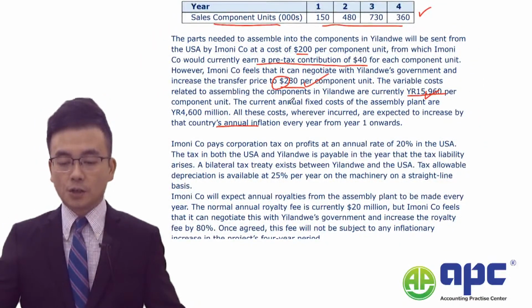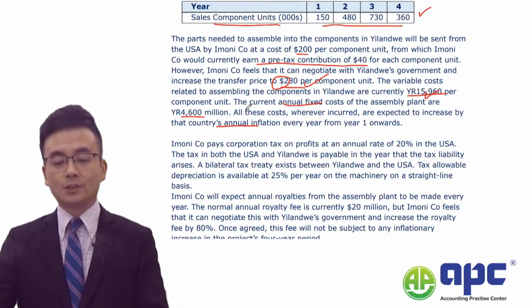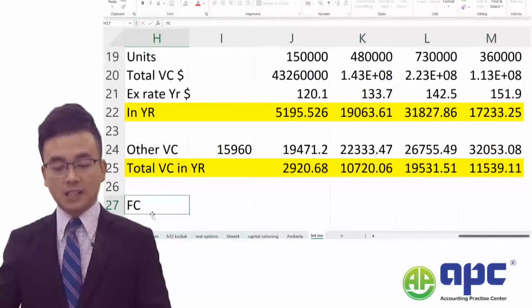We're told the current fixed cost will be 4,600, and to inflate that up again. Fixed cost is the easiest part.